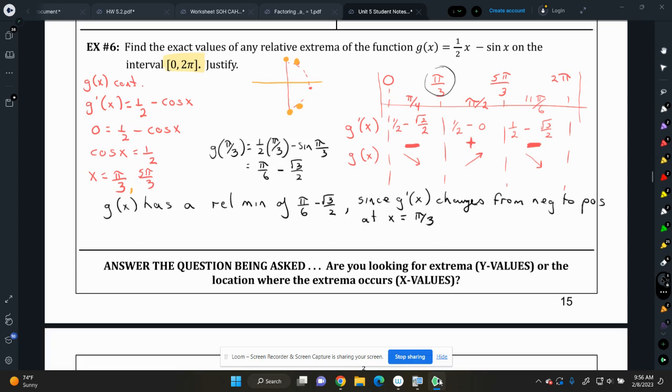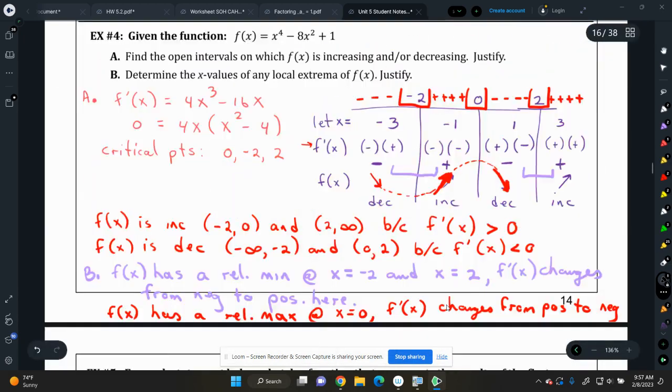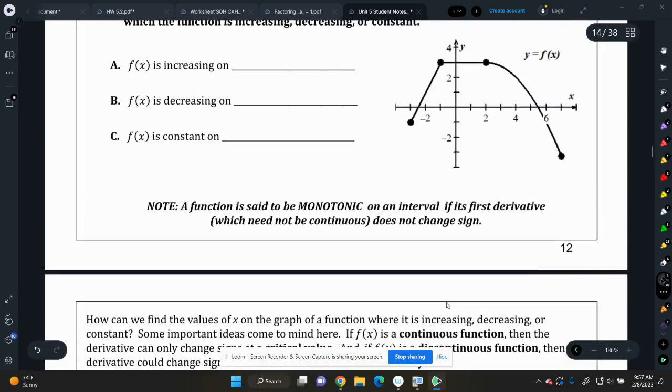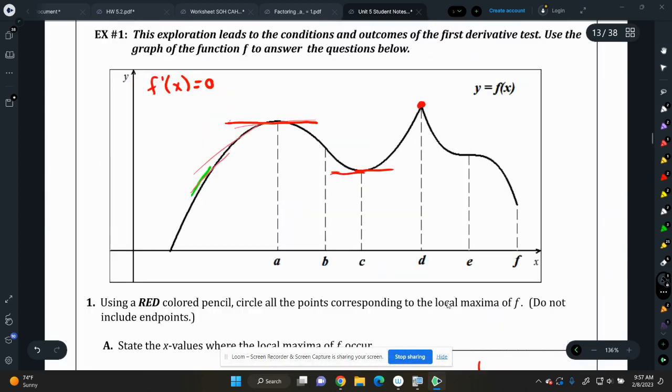How come we have to plug in pi over 3 into that one? Like the other example we looked at. So in order to find where it's increasing and decreasing, we plug it into the derivative because we're looking at the slope of the tangent lines, right? But if I want to know the actual maximum or minimum, go back up to this picture again. By looking at the slopes, I can tell I'm going from positive slopes to negative slopes.